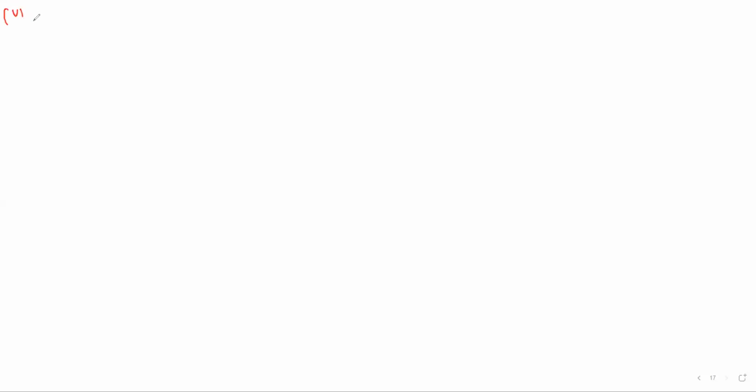Fifth part now. So it says cos of A minus sine of A plus 1, divided by cos of A plus sine of A minus 1, is equal to cosec of A plus cot of A, right?